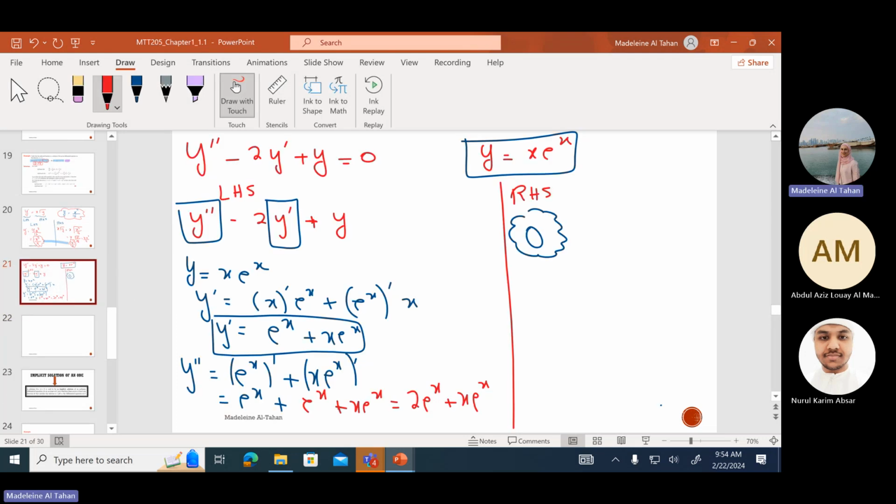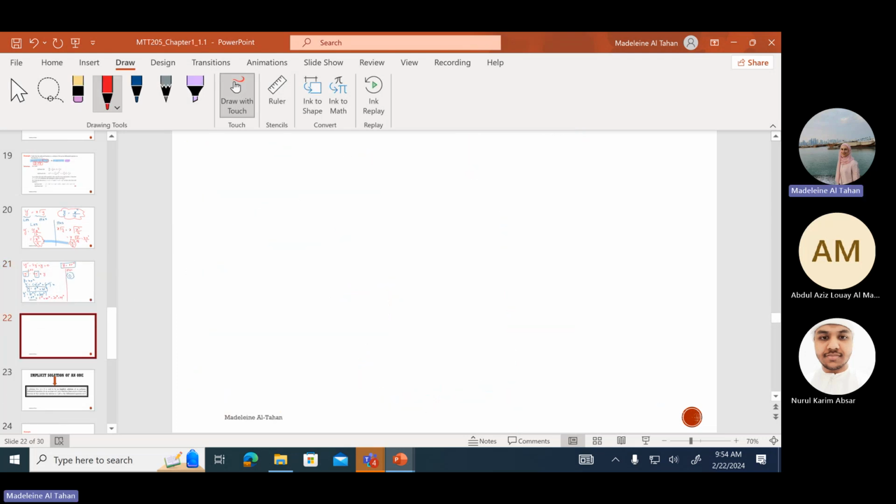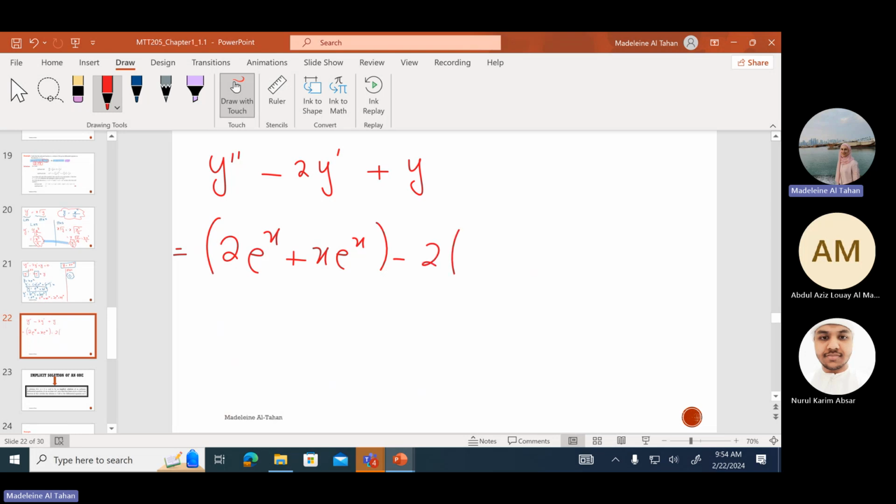Instead of y double prime we put 2e^x plus x e^x, minus 2 times y prime, which was e^x plus x e^x, and plus y, which was x e^x.